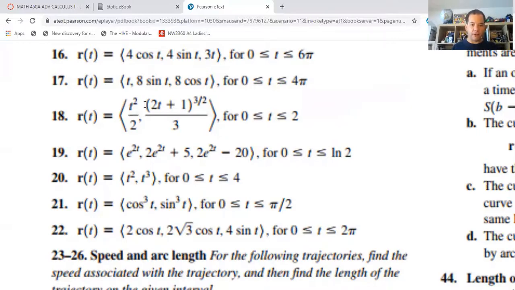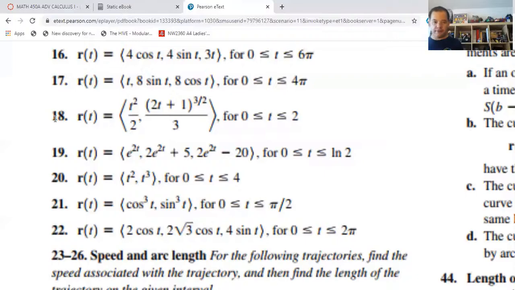Maybe it will be a bit more challenging. How about 18? It says, find the length of the following 2 and 3-dimensional curves. So for 18, we have r of t equals t squared over 2, 2t plus 1 to the power 3/2 over 3, between 0 and 2.